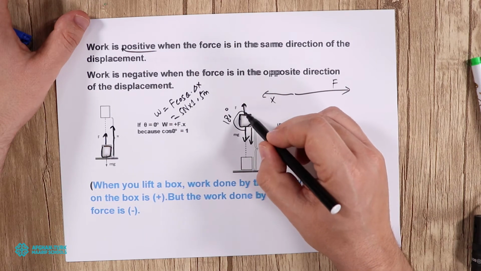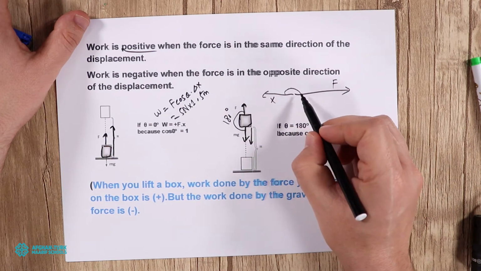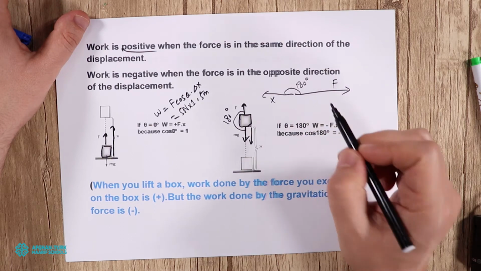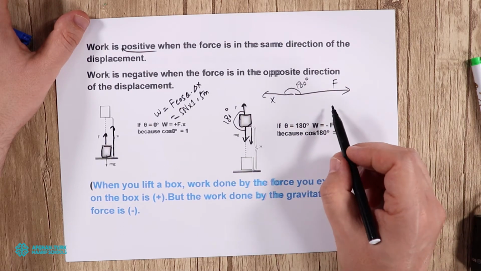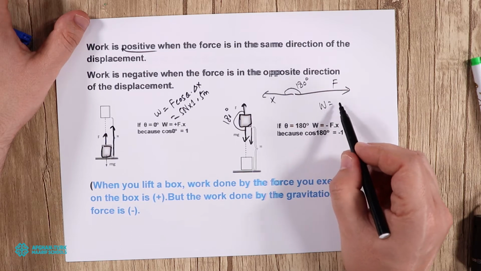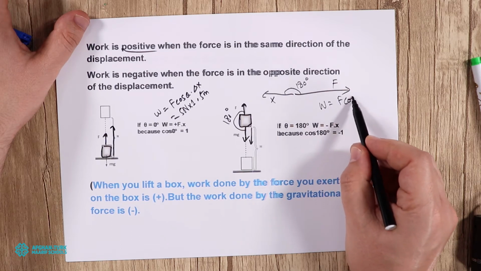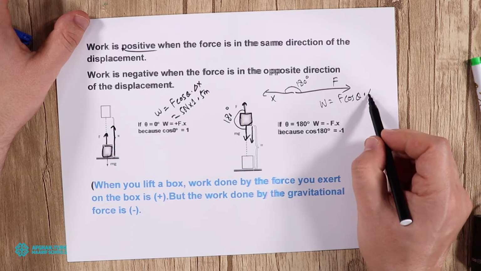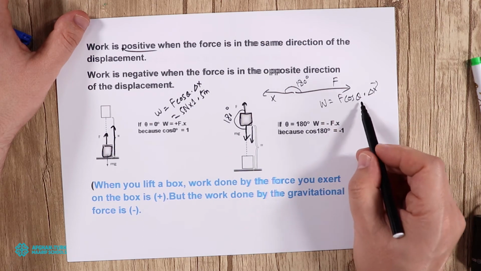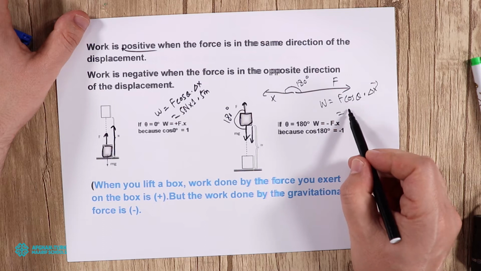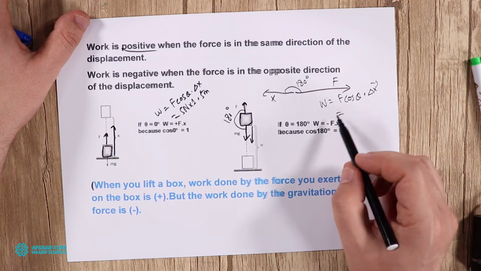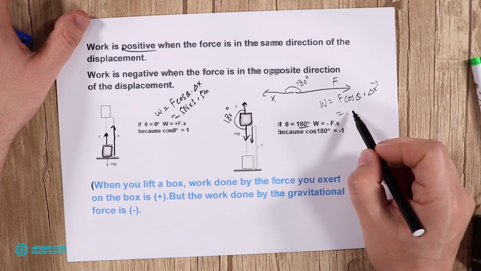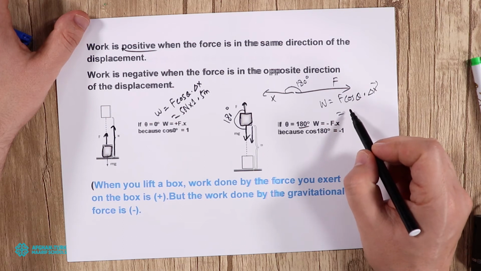If you draw these two arrows, the theta here is 180 degrees. If we use the formula W is equal to F cosine theta times displacement, cosine 180 is equal to minus 1.